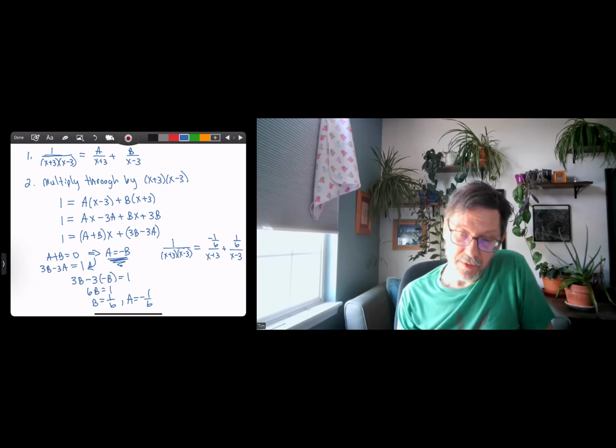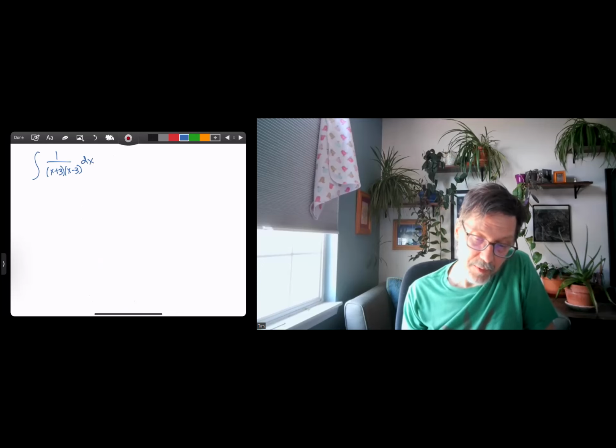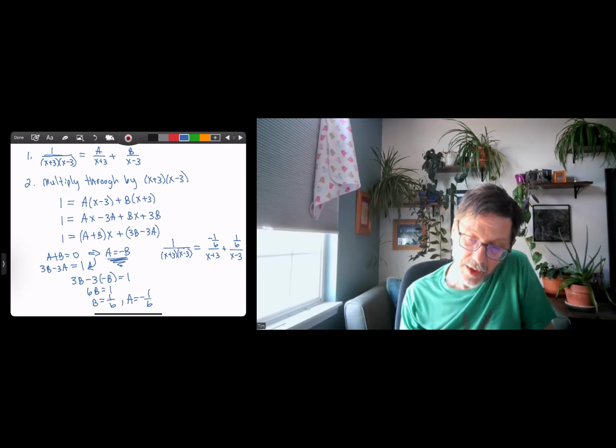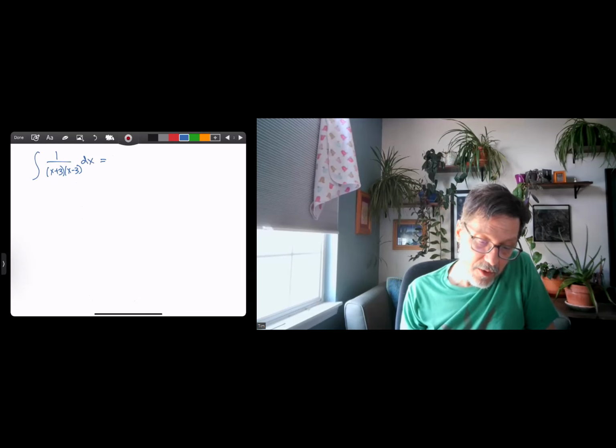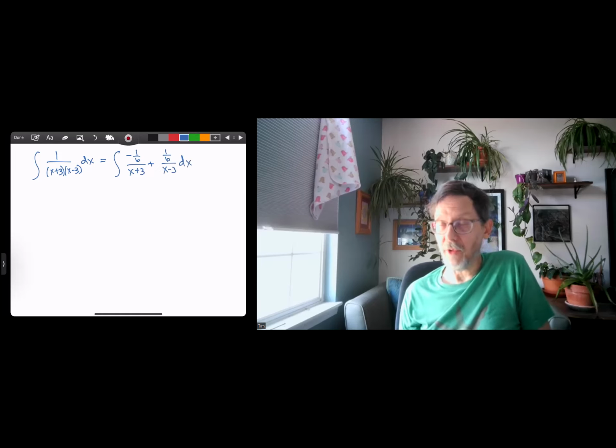This actually makes my original integral, which looked like this, oh, I got to remember which one had the negative. So it was, okay. So this is now equal to negative 1/6 over x plus 3 plus 1/6 over x minus 3. And each one of those is a natural log form.